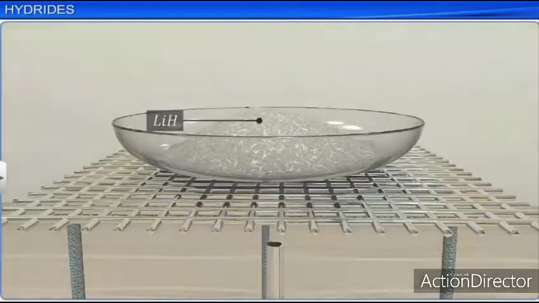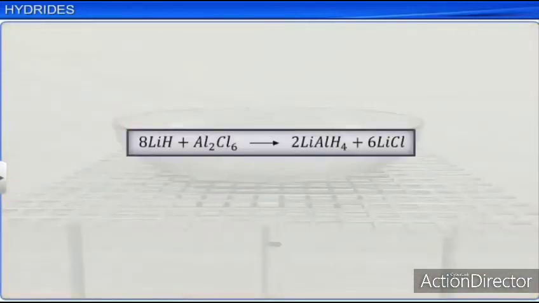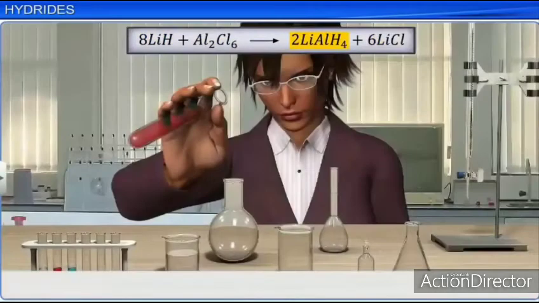The reaction that takes place is lithium hydride reacts with aluminium chloride to give lithium aluminium hydride and lithium chloride. Lithium aluminium hydride is a powerful reducing agent and used extensively in organic chemistry.